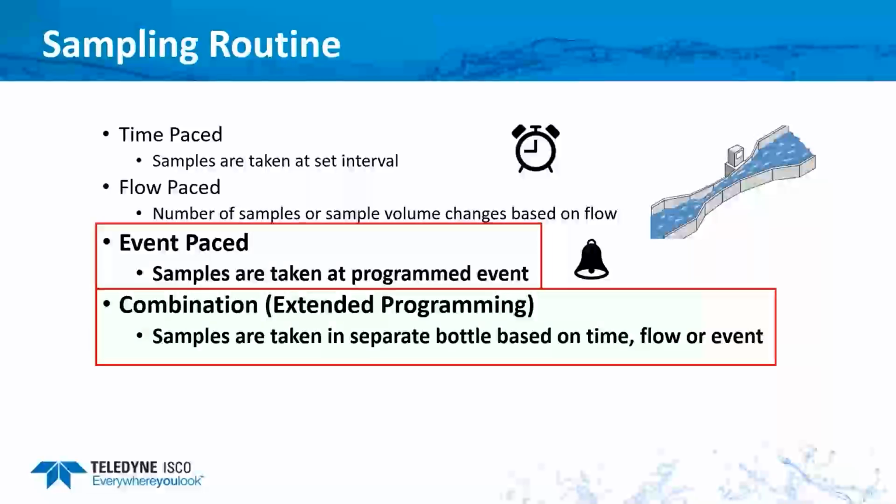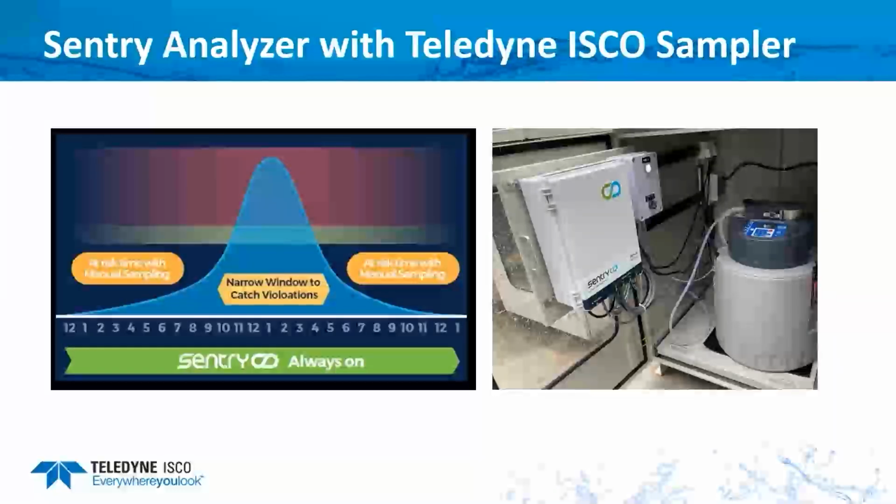And it's those two particular modes of sampling that are really advantageous for the application needs we're discussing today. As was mentioned by Jon, these toxicity events can be very short-lived and spiky in nature.